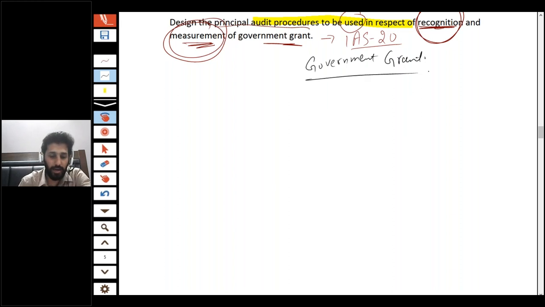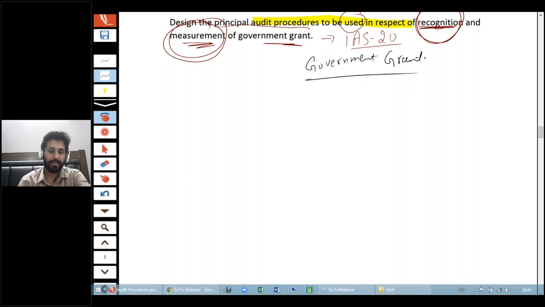And you are all very well aware about the accounting standards. Yesterday, a student was asking how to revise the accounting standards. That's a very simple thing: you pick up your official study text, either of BPP or Kaplan, and at the end of the chapter you will find the summarized accounting standard.